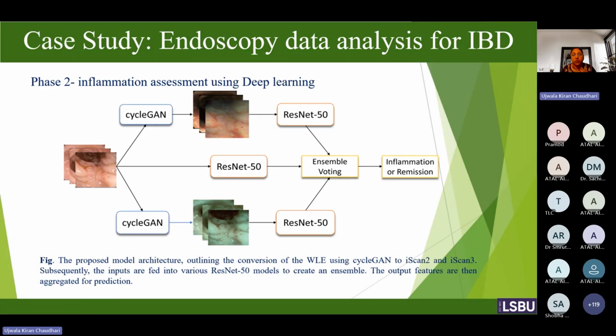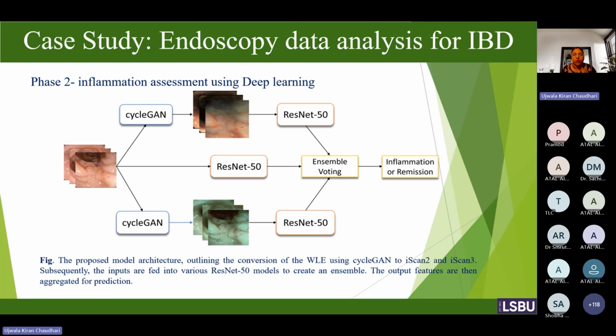But what if there are four models, an even number? Then probably we can put a certain threshold on how many are agreeing, above 70. If two are agreeing and two saying no, then we can consider the probability values to break the tie and decide whether it's inflammation or remission.